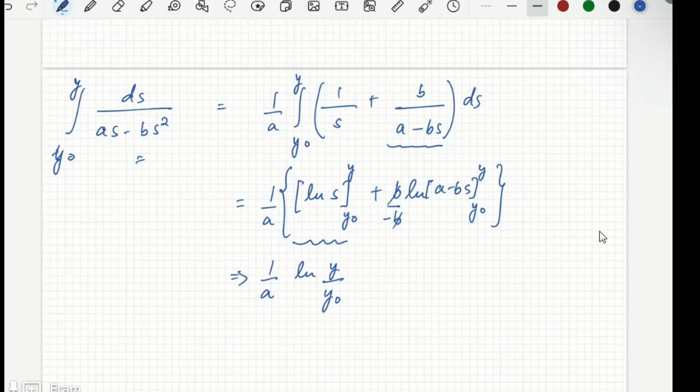And in this term, the minus 1 can be absorbed in the logarithm, and this will be ln 1 by (1 minus bs). If we put the limits, we will get ln (a minus by naught) divided by (a minus by). So is it clear to everyone?